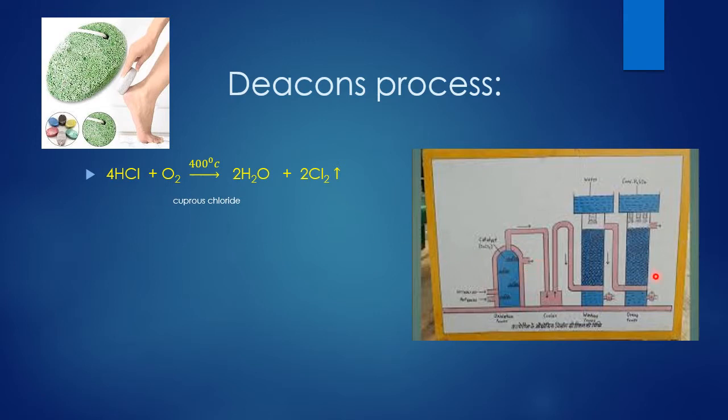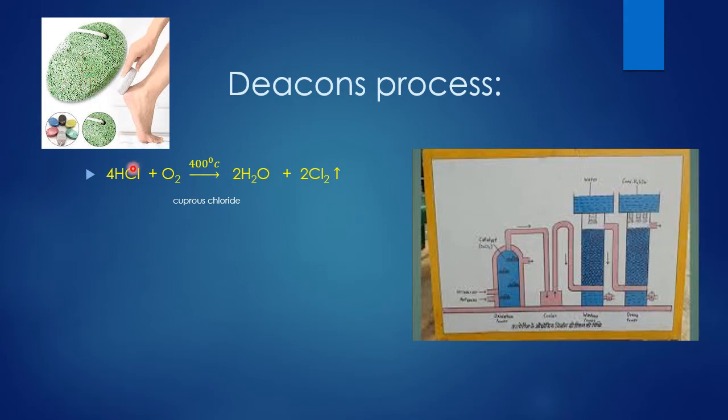There will be chambers continuously present, into which air will be passed, along with pumice stone. Pumice stone is nothing but a compound of silica, SiO2, as well as alumina, Al2O3, and some calcium and potassium, but it is highly porous. By seeing the picture you can see that there are small pores.